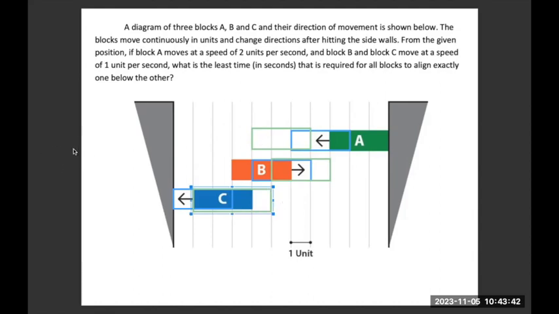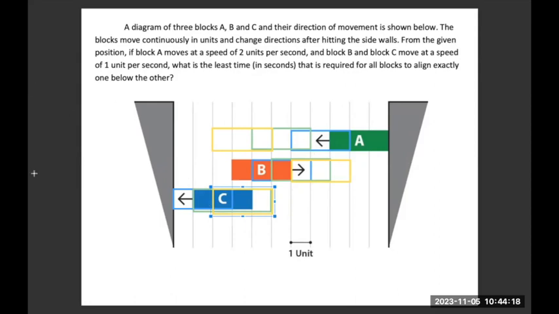After 3 seconds, block A's position will be this, B's position will be this, C's position will be this.